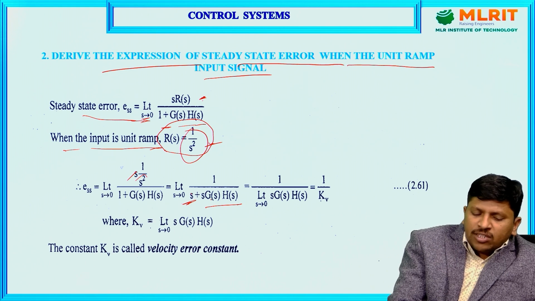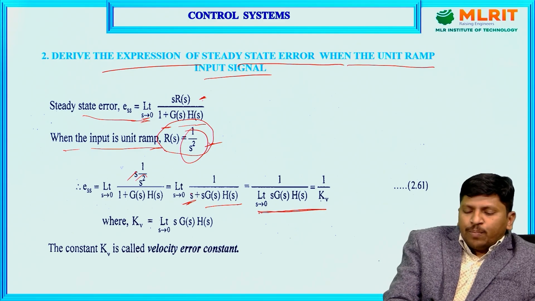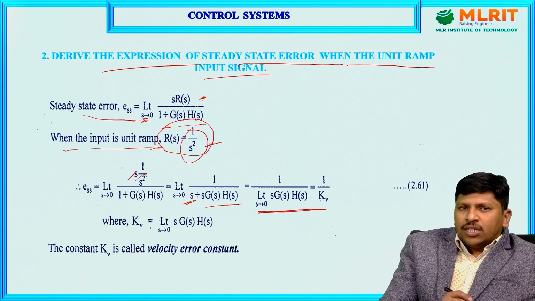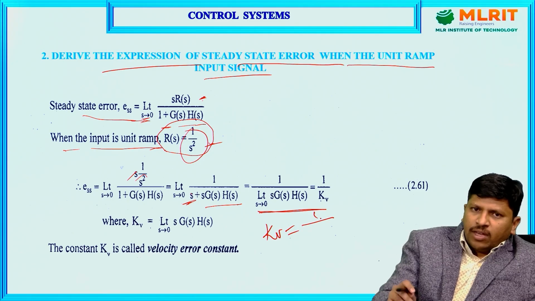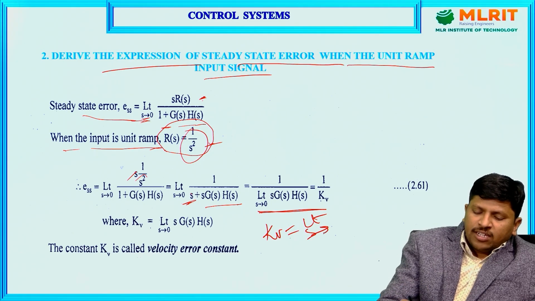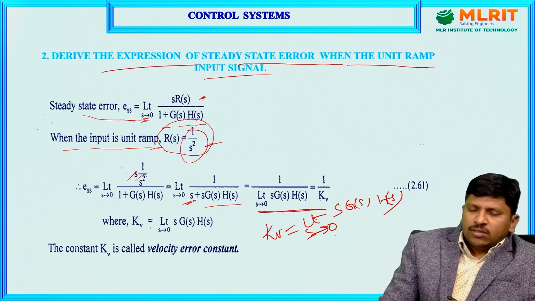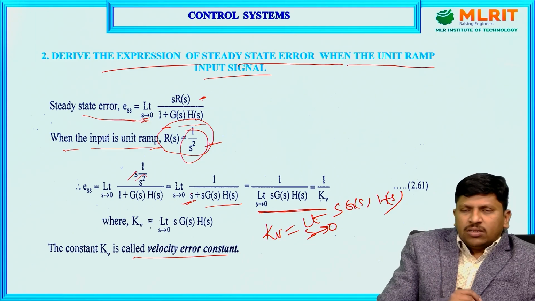Next, limit s tends to 0 of s into g of s into h of s, that is nothing but the velocity error constant formula. Here Kv equals limit s tends to 0, s into g of s into h of s, that is the velocity error constant.